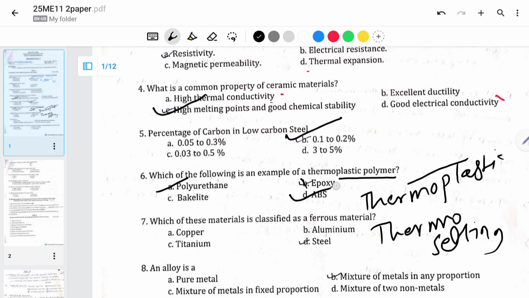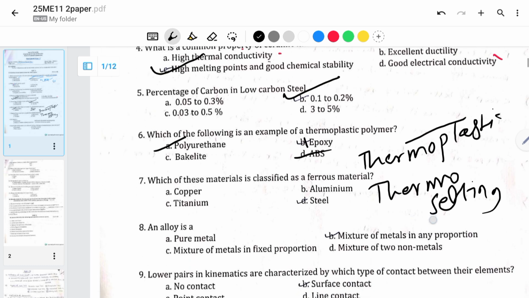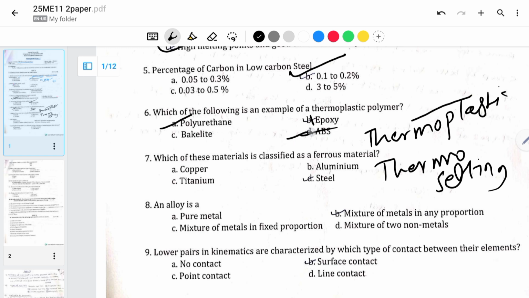Epoxy and bakelite are used as thermoset plastics, as I know it, so here they have mentioned it as wrong. The correct answer is ABS. You can soften that material again and again and give it a new shape. Polyurethane is mentioned in some places, so here it is a bit confusing.